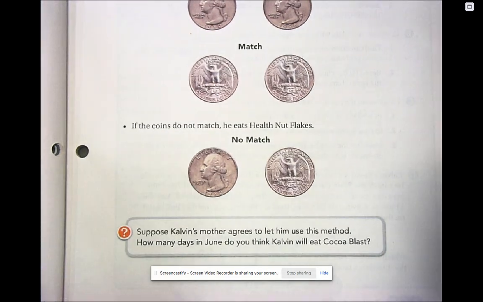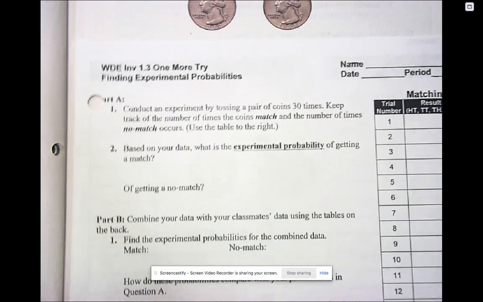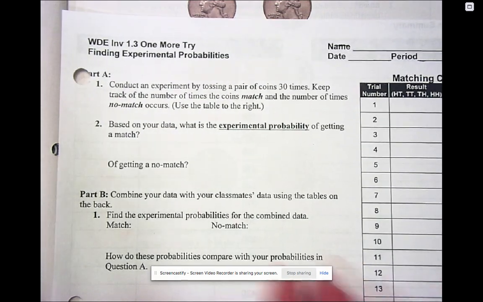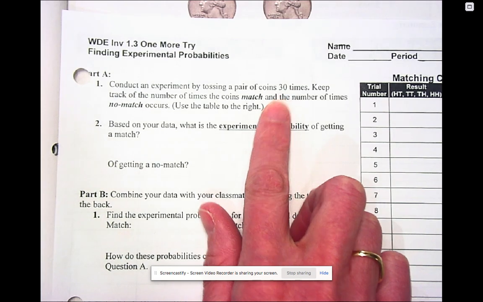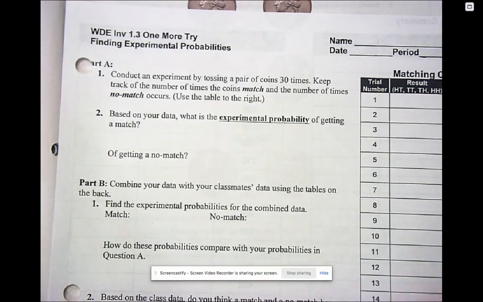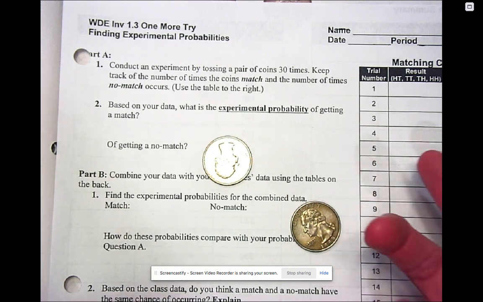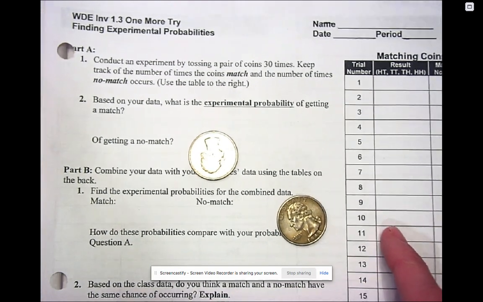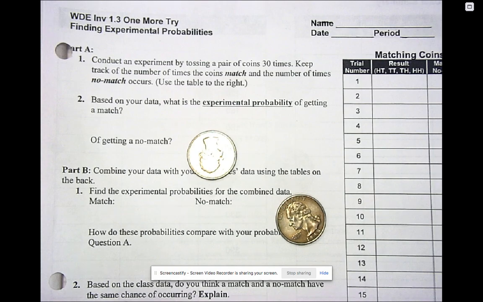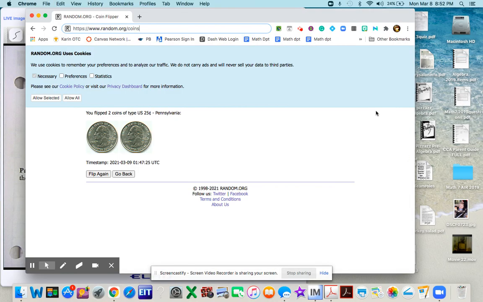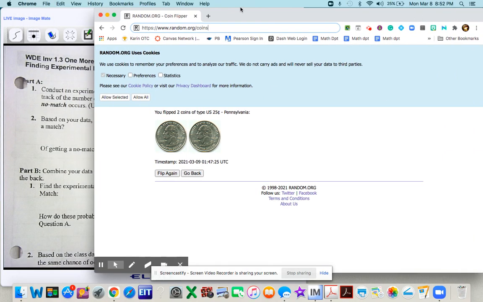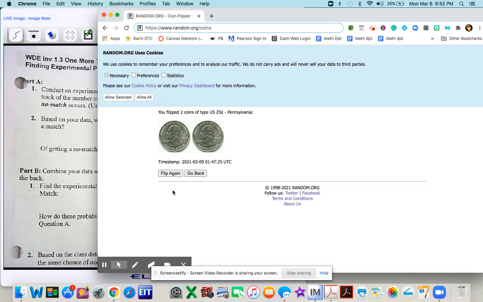Now we're going to do this experiment by tossing a pair of coins 30 times. If you have 2 coins at home that you can toss, make sure you have 2 of them because you want to see what happens with both in each trial. Or I will also put in here the access to that random coin tool.